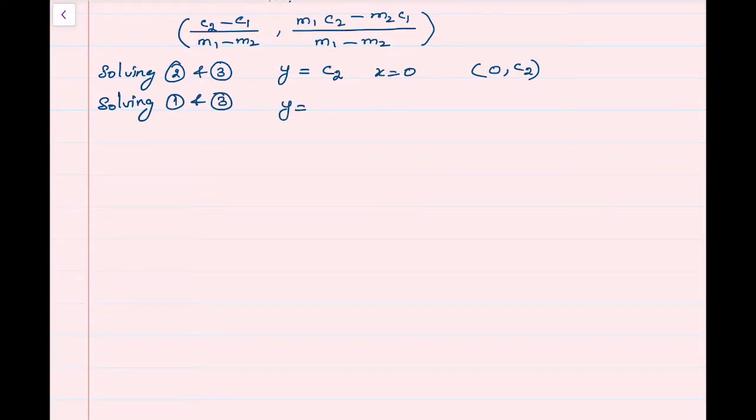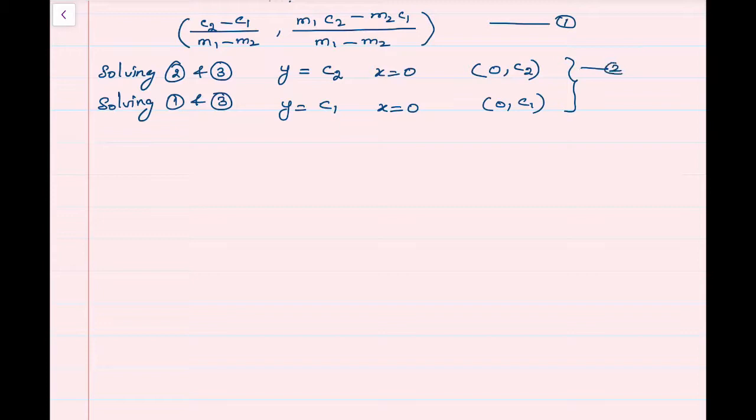Y is equal to m1 times 0 plus c1. Therefore, the y coordinate is c1, the x coordinate is 0. The point of intersection is 0, c1. Or from the second and the third equations, the y-intercepts are c1 and c2, and x is equal to 0 is the equation of the y-axis, from which we can write these 2 points of intersection, or we may solve like this and calculate.